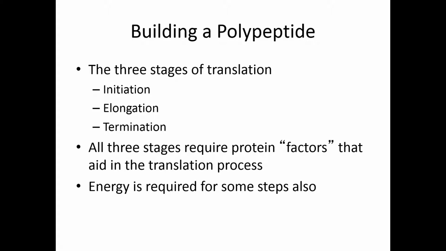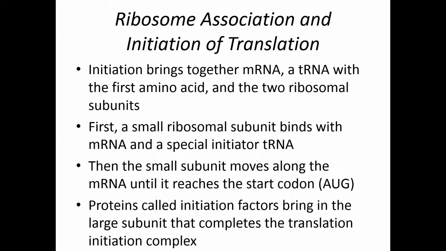So during this initiation stage, what's happening is your messenger RNA, your tRNA, and your small and large ribosomal subunits come together. First, your small ribosomal subunit binds to the messenger RNA. Then your messenger RNA is pulled through the ribosome, or the small subunit.